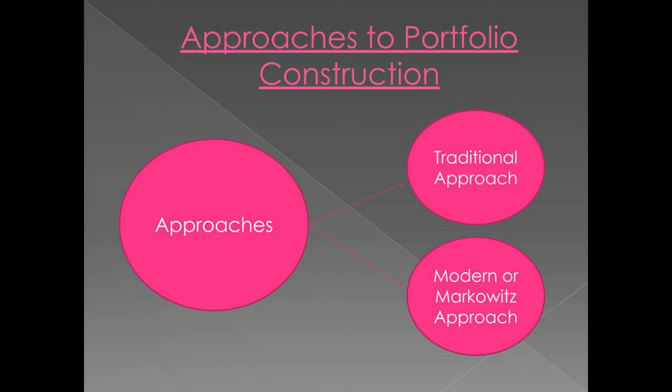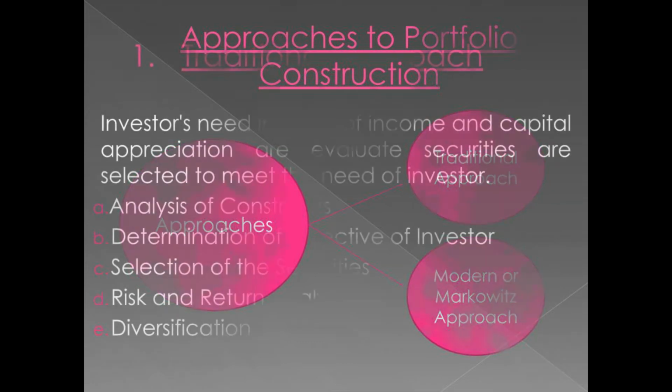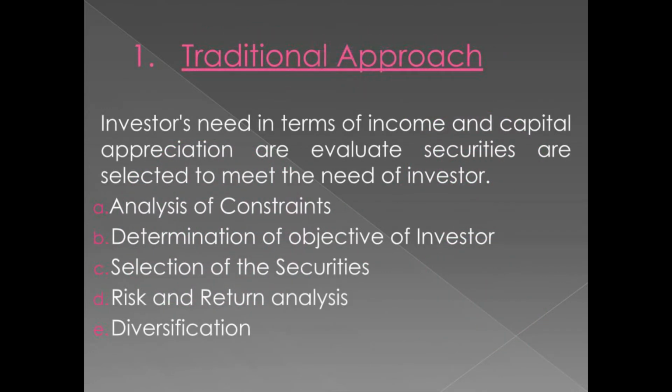Firstly, we will discuss the traditional approach, which basically analyzes the investor's needs and accordingly sets the objectives. The investor's needs in terms of income and capital appreciation are evaluated, and securities are selected to meet those needs.